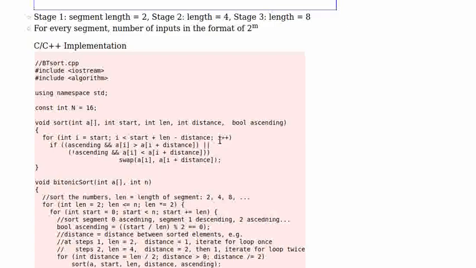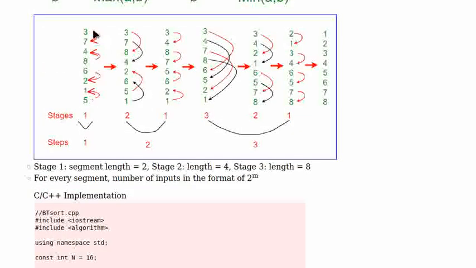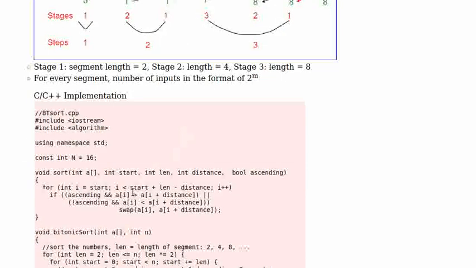For this case, we just need to do it once, because after we increment I, start plus length minus distance, where distance is 1, length is 2, and start 0, then after increment I is no longer smaller than 1, so we exit.